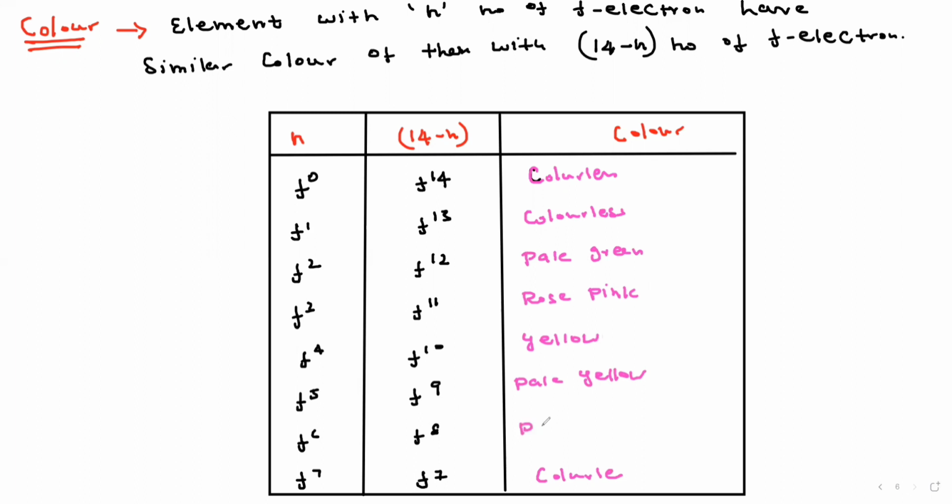So the main colors are green, pink and yellow. To recap: f0 and f14 colorless; f1 and f13 colorless; f7 colorless; f2 and f12 pale green; f3 and f11 pale pink; f4 and f10 yellow; f5 and f9 pale yellow; f6 and f8 pale pink. This way you have to memorize.